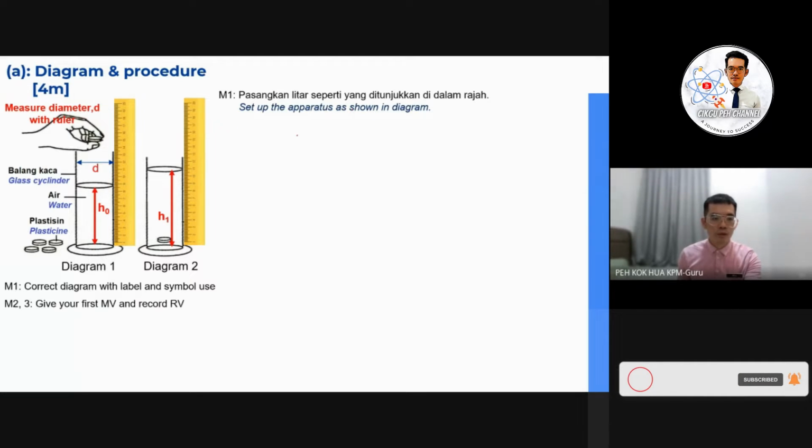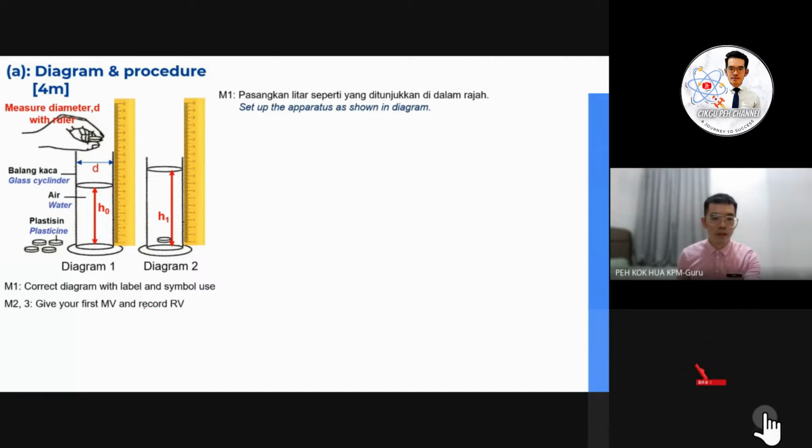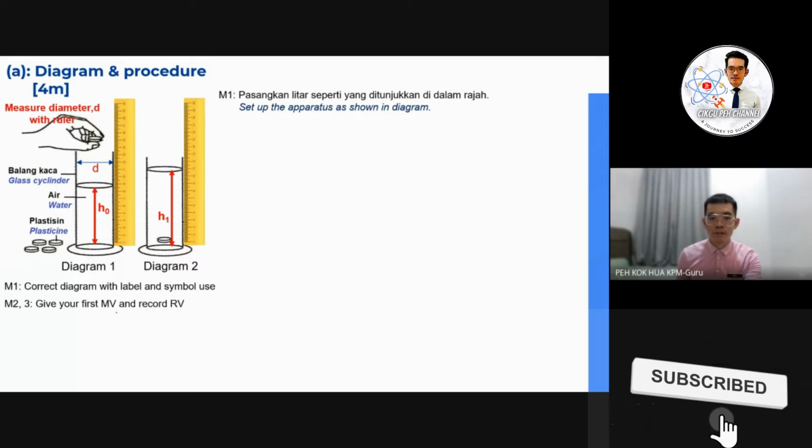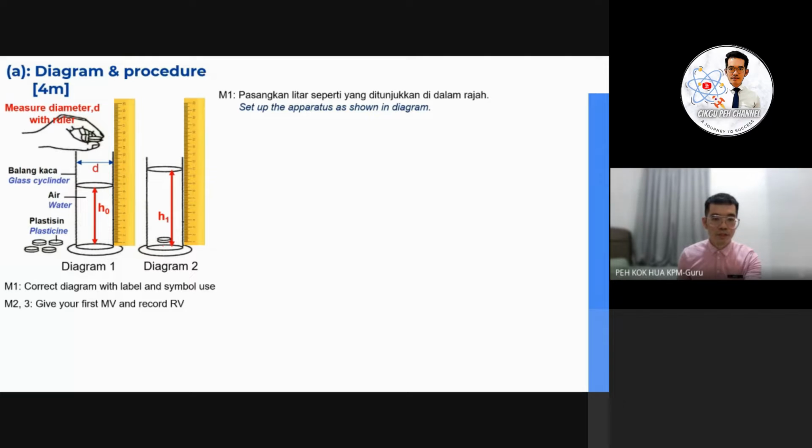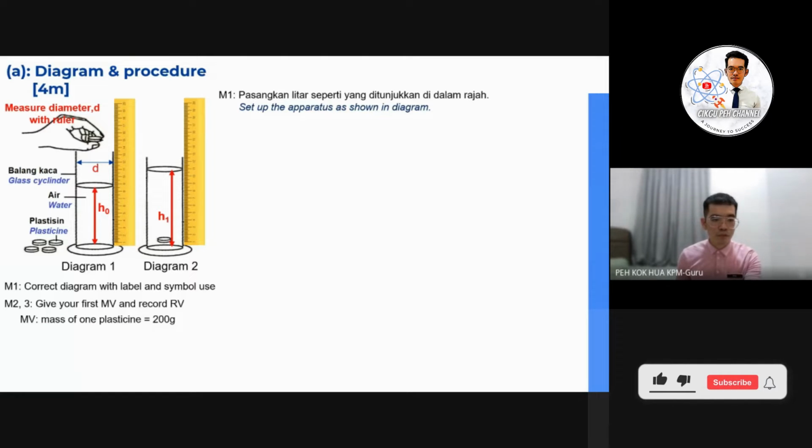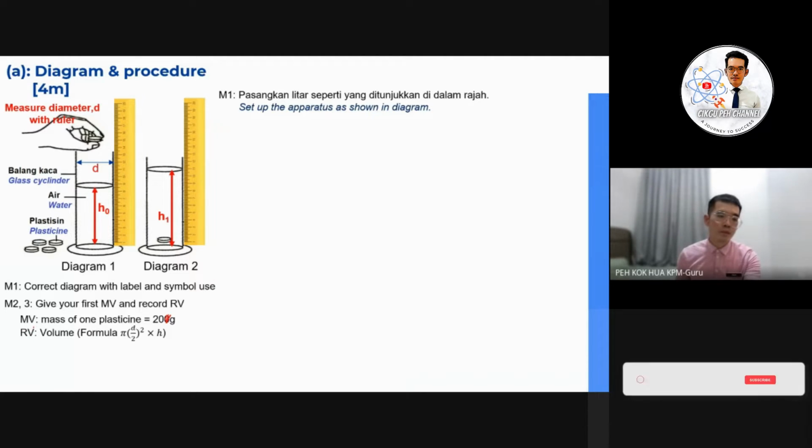Then for the second, you have to give your manipulated variable and record your responding variable. As discussed just now, our manipulated variable will be the mass of the plasticine, so the first mass of the plasticine immersed into the water will be 20 gram. The responding variable, as mentioned just now, will be the volume increase.